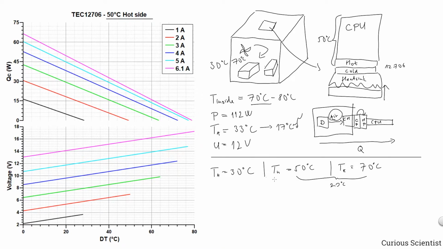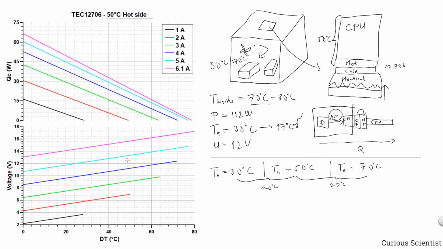And also we know that here we have 20 degrees Celsius. I just write this down to see the numbers in a better way. So what we can do here is, since the temperature that we want to reach inside this box is still higher than the ambient temperature, we can use the highest possible Q.